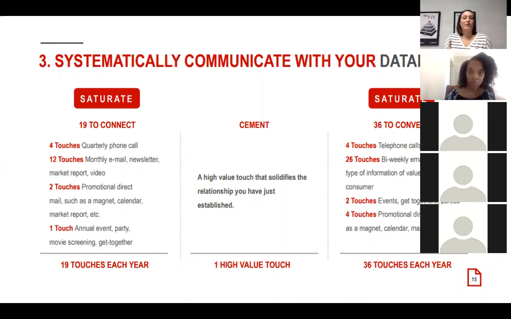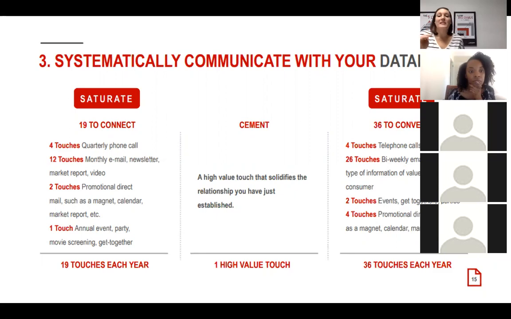So again, you're continuing the 4 quarterly phone calls. You should not be talking to anybody in your database that you're not doing business with more than 4 times a year. So that's not really right. You break them up and it's not that big of a deal. And right now it's more important than ever, just out of care and concern, we're communicating and talking to our people. Hey, how are you? How are you doing?